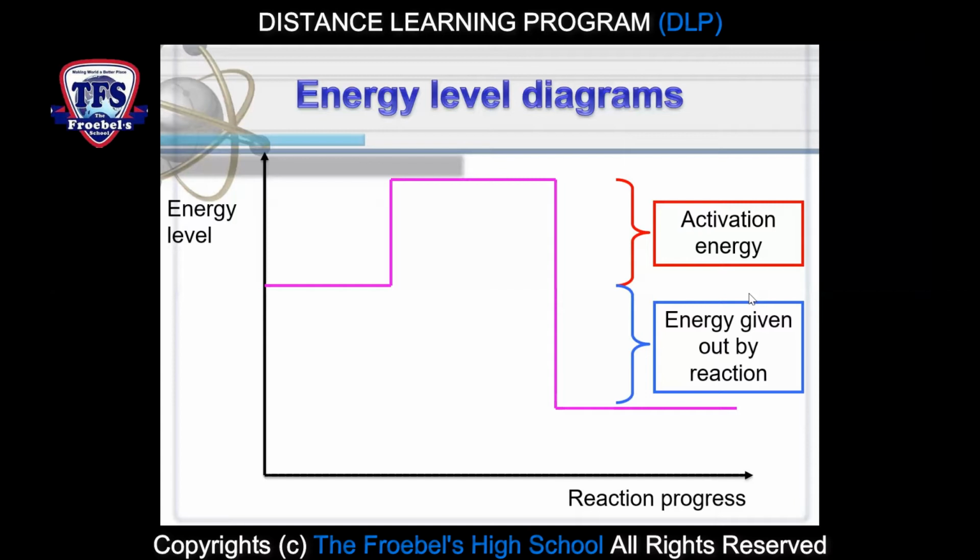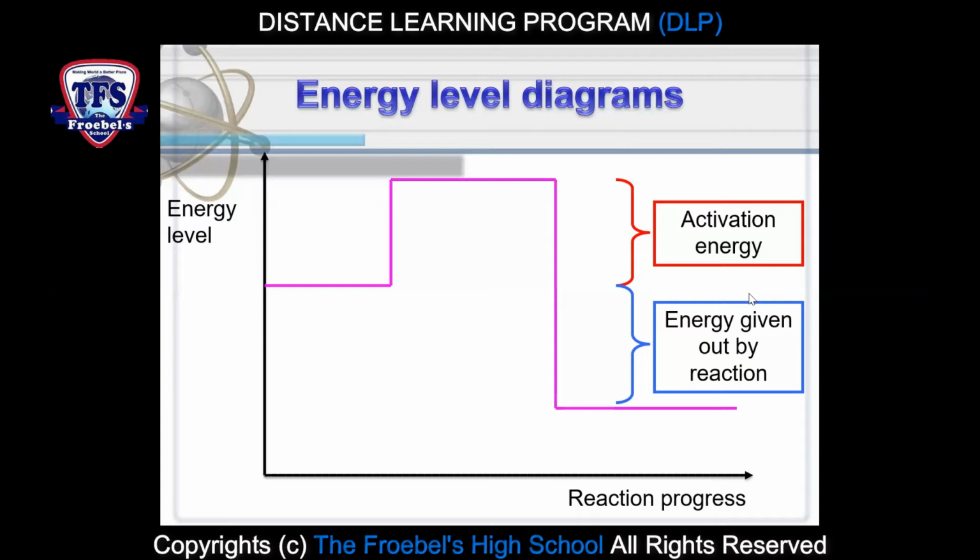To define activation energy, it is the amount of energy which is required to start a chemical reaction. So each and every reaction needs some amount of energy to start.